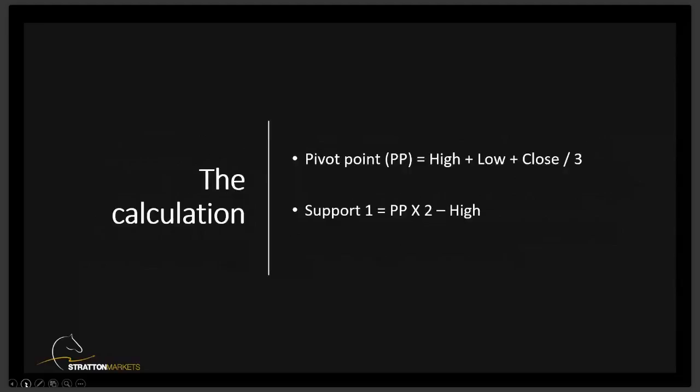Now, to calculate the support, you get that pivot point you've just worked out, you times it by 2, and you take away the high. To get the resistance, you get that pivot point, times it by 2, and minus the low, and that will give you the resistance level.